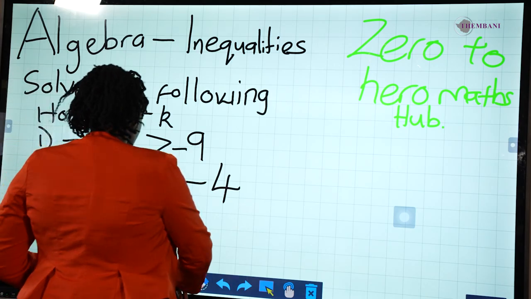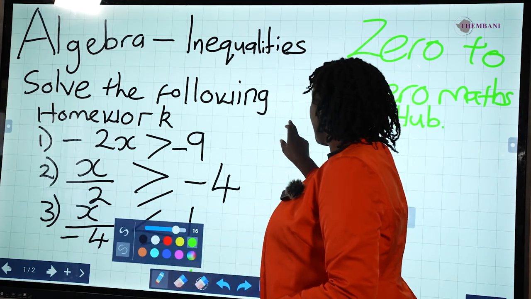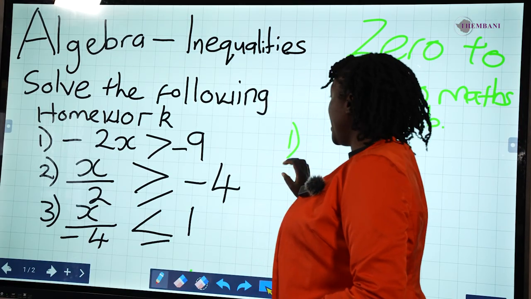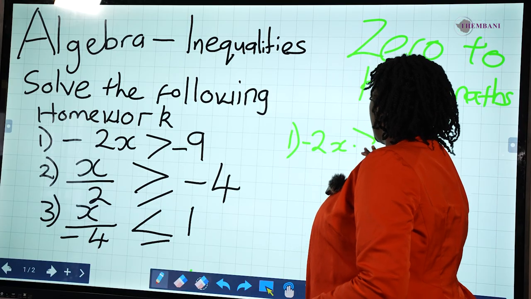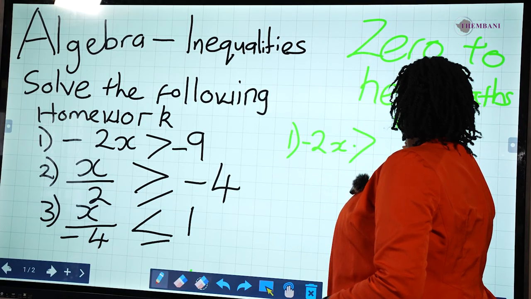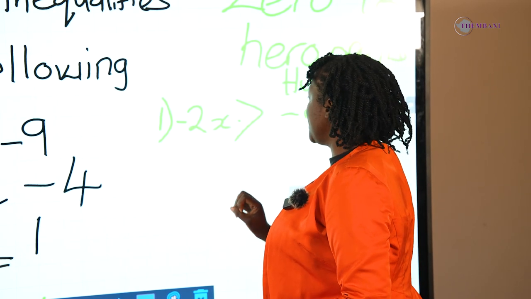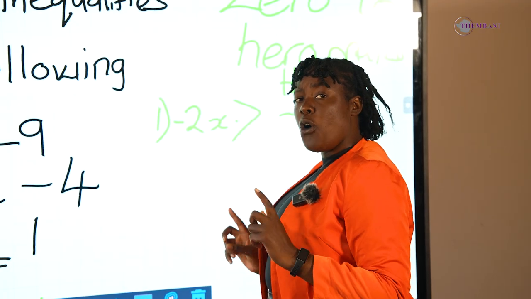The first question, number 1, was negative 2x is greater than negative 9. Notice that we have a negative on this side and a negative on that side. So we needed to divide by a negative on both sides.